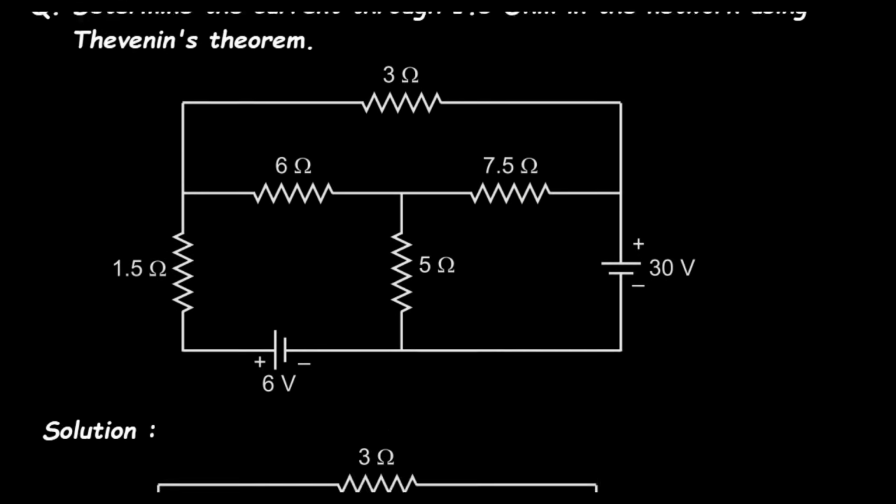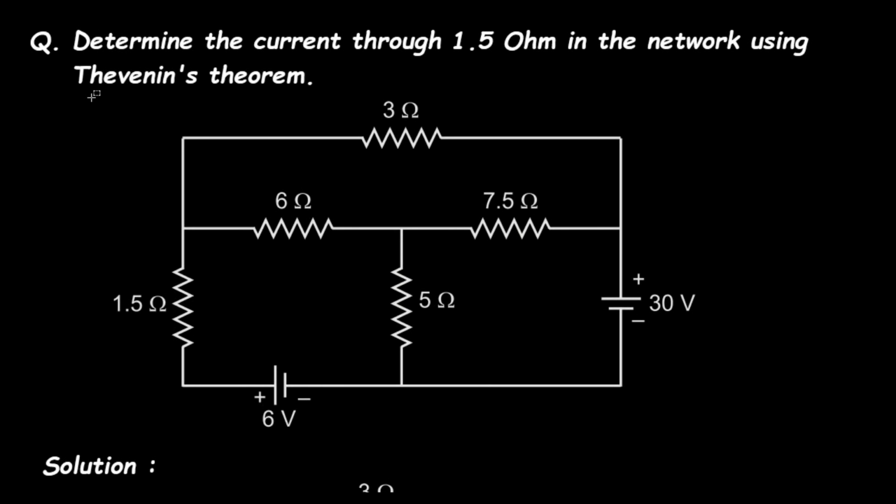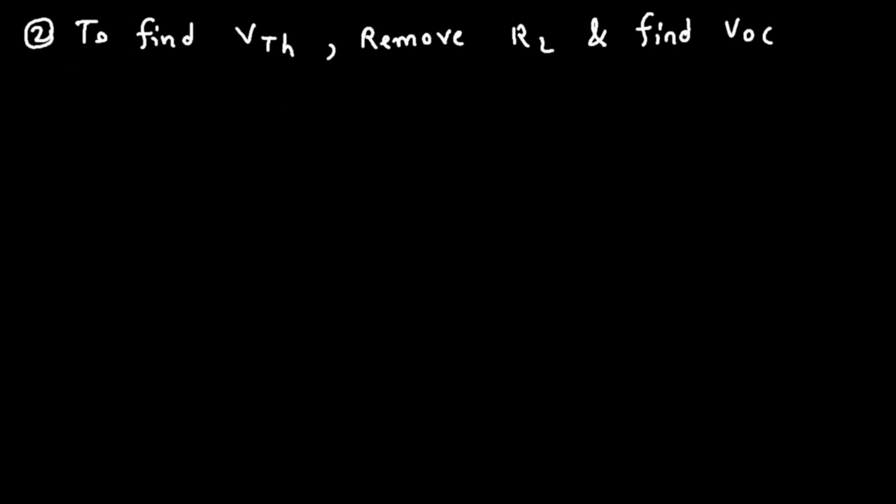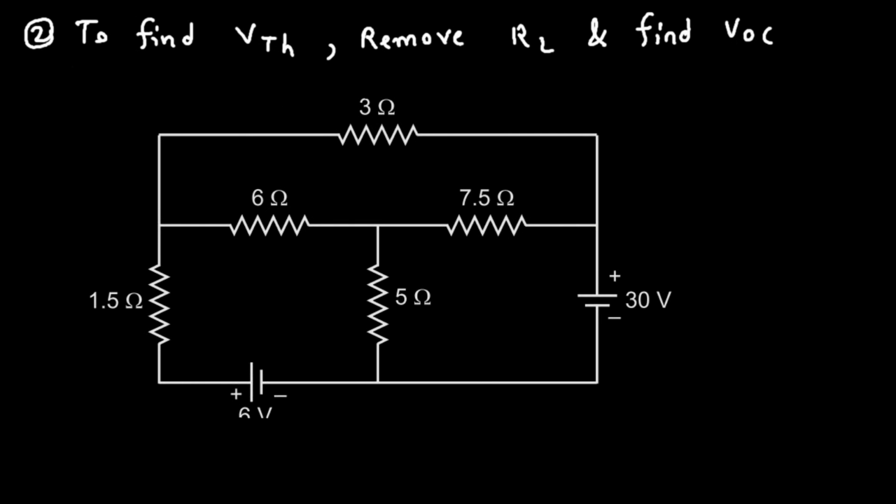Now again, let's copy this circuit from the question. Let's remove this RL. If we remove this RL, this will be our open circuit voltage or VTH.